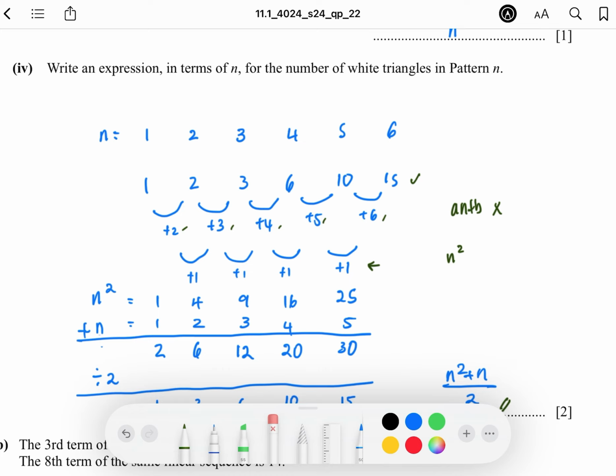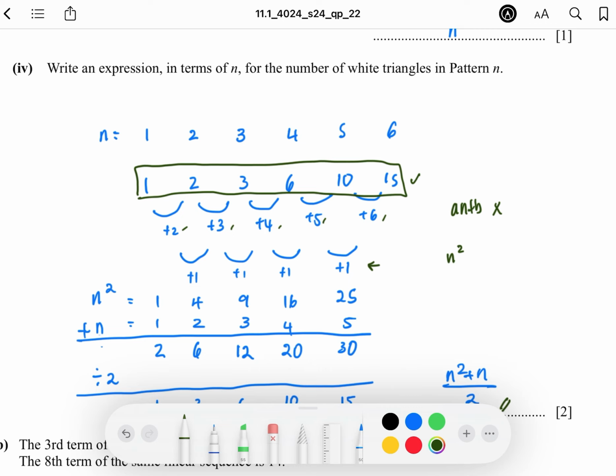So n squared. Using n squared, finding the value of n squared, because we still need to know the relationship with the existing sequence here. So with 1, 4, 9, 16, 25, and then with n there, trying to figure it out.